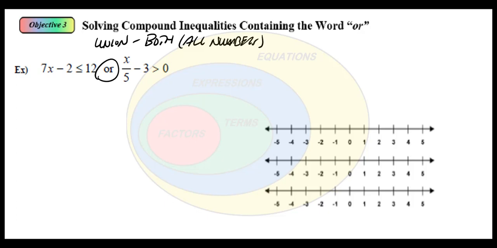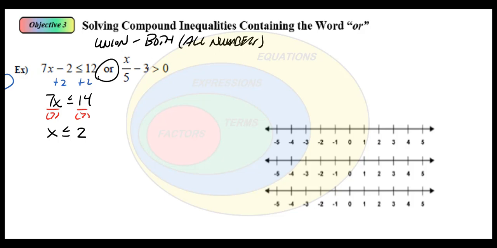So again, we'll start off with solving each inequality. We can add 2 to both sides here on the left, and we would have 7x is less than or equal to 14. And then dividing by 7, we get x is less than or equal to 2.